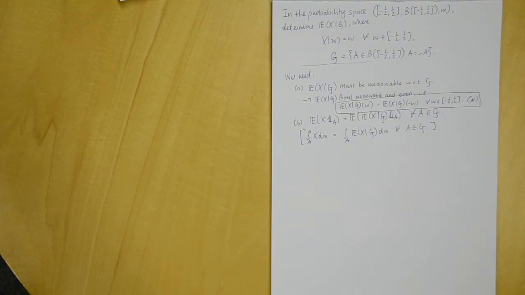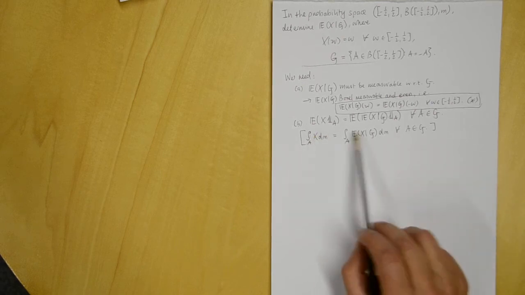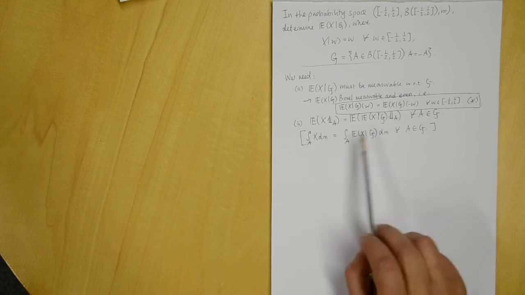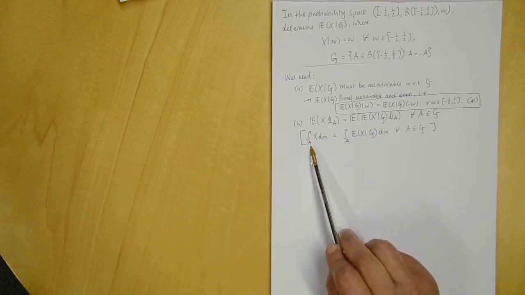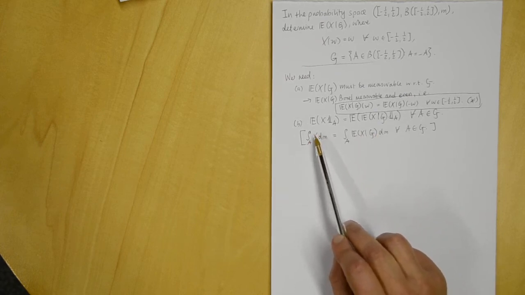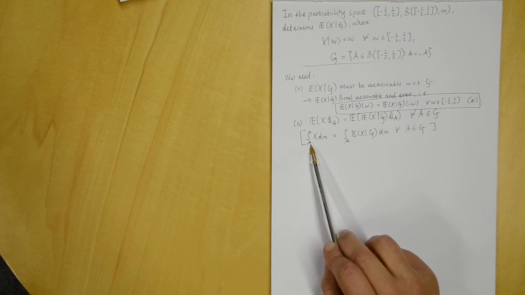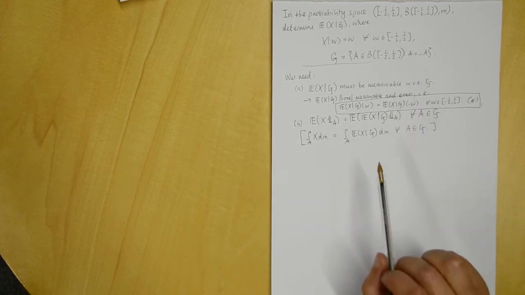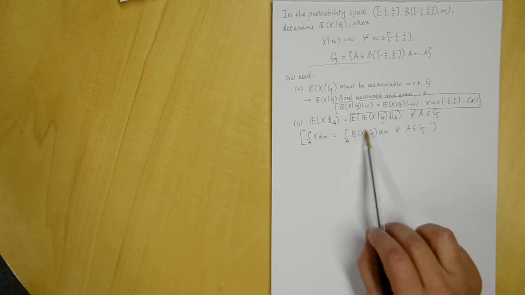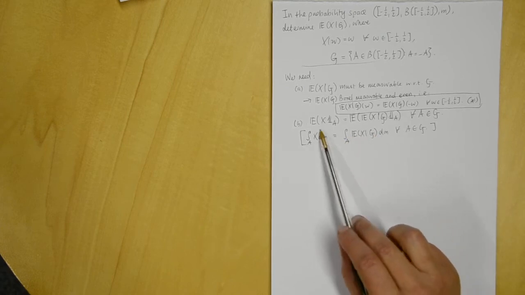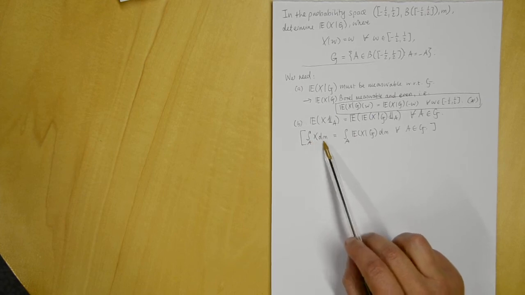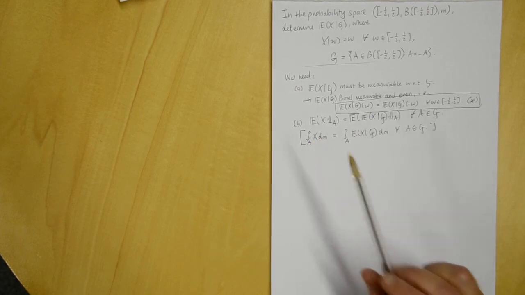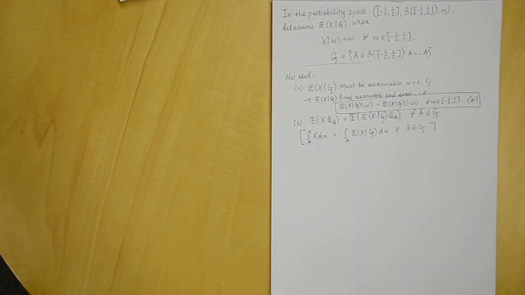One thing to notice here is that this requirement involves two integrals. The integral on the left hand side is an integral of a function that you already know over the events in G, so these events are symmetric. On the right hand side is something that we don't know. So it tends to be easier, though it's not always the case, to just start with the left hand side. So let's have a look.